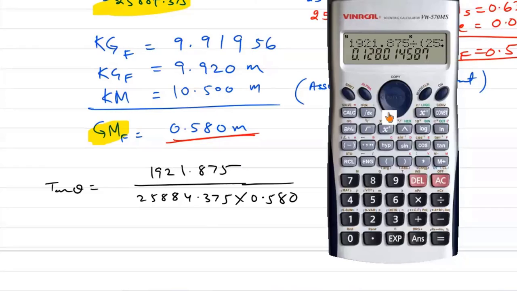Whatever you get, shift, inverse answer: 7.29. You can convert to 7 degrees, 17 minutes and 42 seconds.